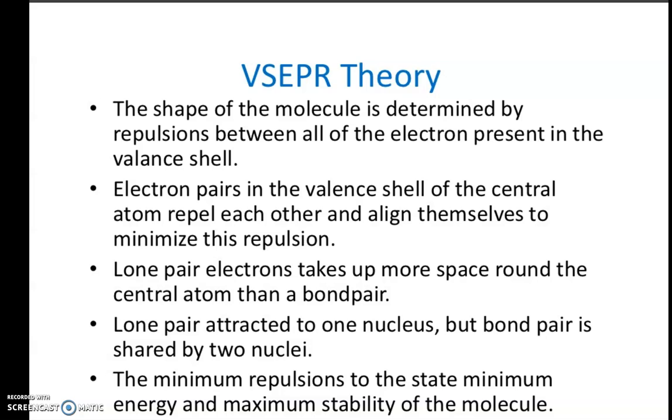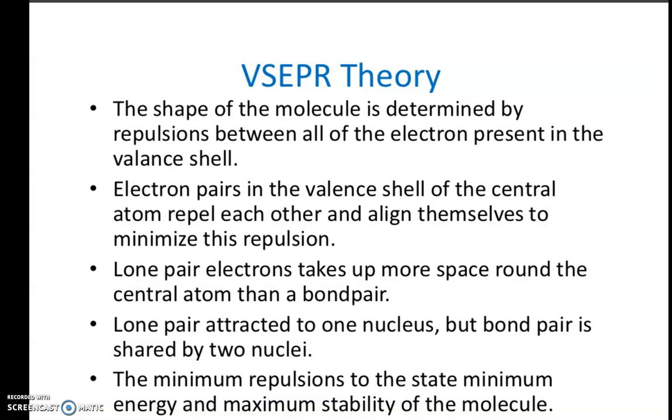Similarly, there is a changing of position. In order to decrease the repulsion between the valence electrons, the electrons will align themselves to decrease the repulsion. They will move apart to minimize the repulsion.